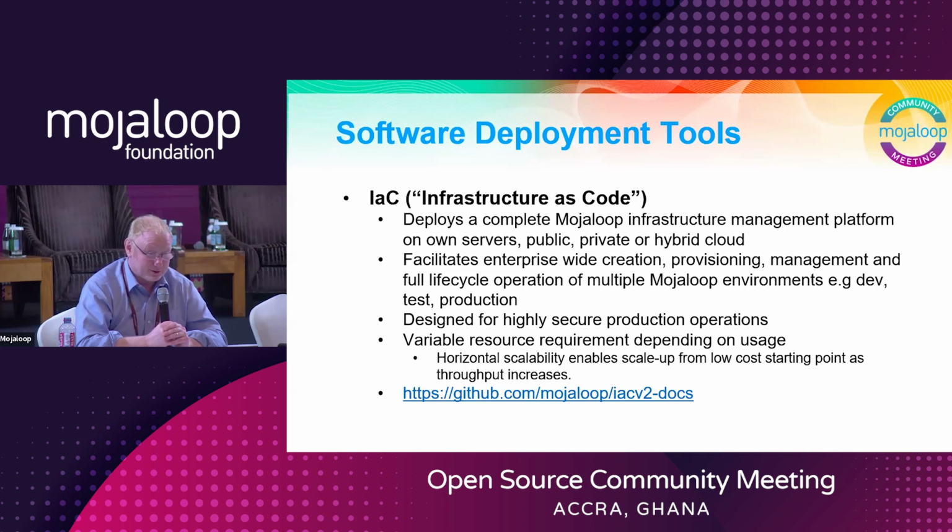The resource requirement for deploying Mojaloop in a production-like environment is quite variable, and it really depends on how much throughput you need the Mojaloop hub to cope with. If you have relatively low throughput, a few hundred transactions per second or less, you can deploy it on a very small footprint of hardware, 3 or 4 mid to low level enterprise grade servers, and you can achieve a few hundred TPS.